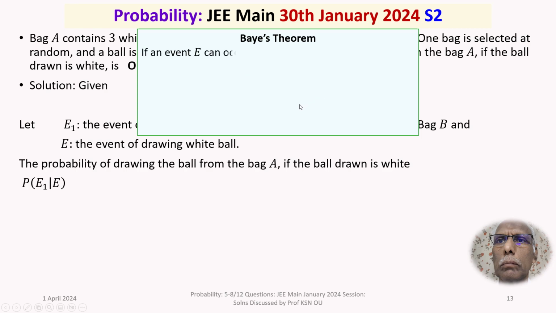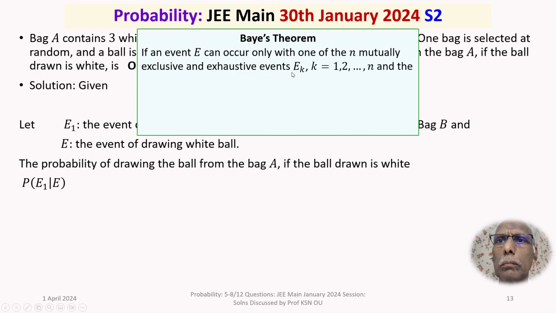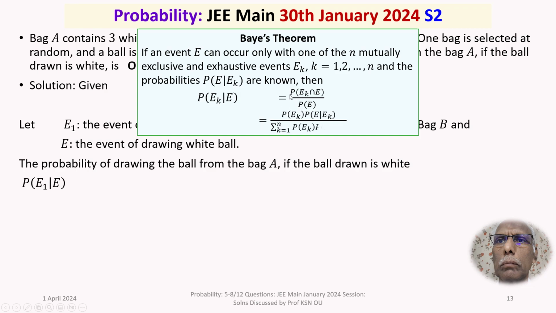The Bayes theorem states, if an event E can occur only with one of the n mutually exclusive and exhaustive events Ek, k equal to 1 to n, in our case only 2, E1 and E2, and the probabilities of E given Ek are known, then the probability of Ek given E is equal to probability of Ek intersection E by the total probability of E, and that will be equal to probability of Ek multiplied by probability of E given Ek by sigma k equal to 1 to n probability of Ek multiplied by probability of E given Ek.